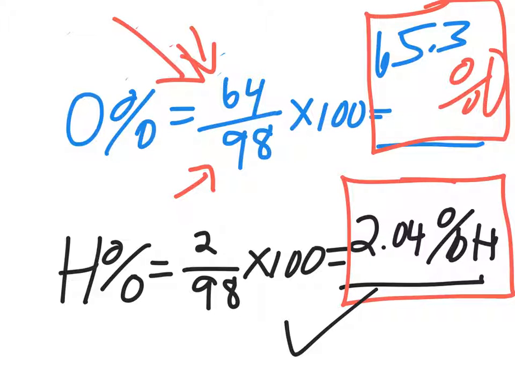Okay? Where do we have questions on how to find the percent? What's oxygen's percent? Oxygen was 65.3. At least that's what you told me. Is that what you guys got? Okay. So remember that it doesn't matter what compound you have or what element you're looking for.